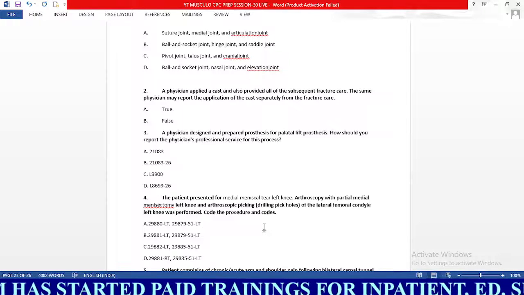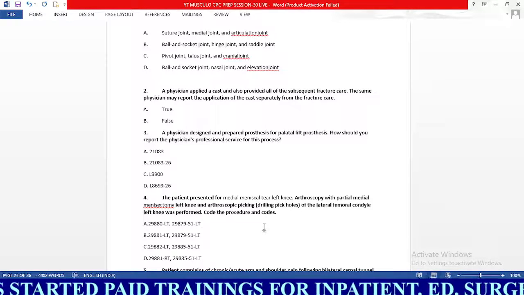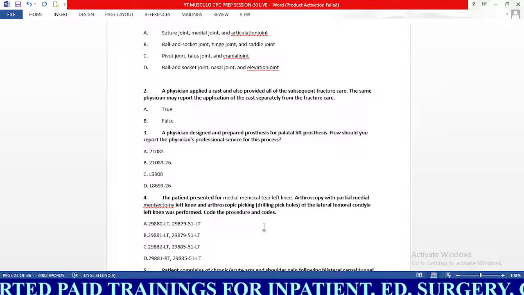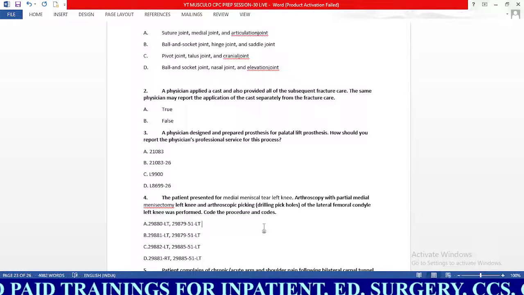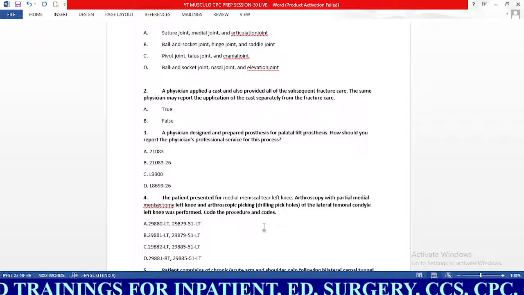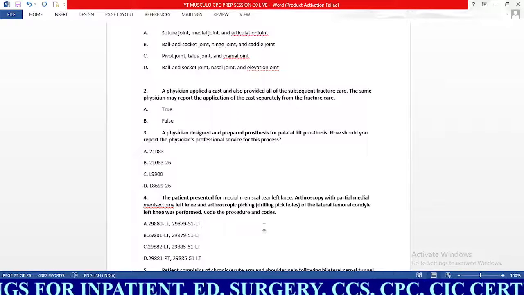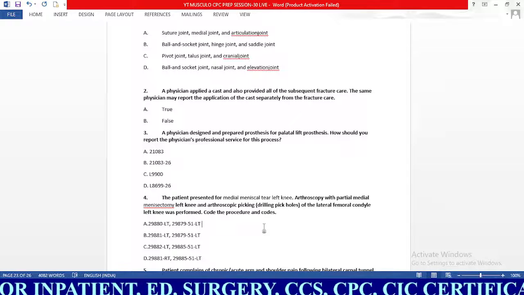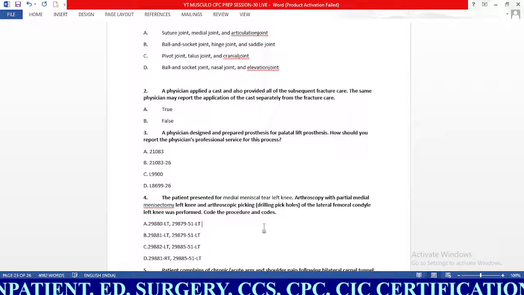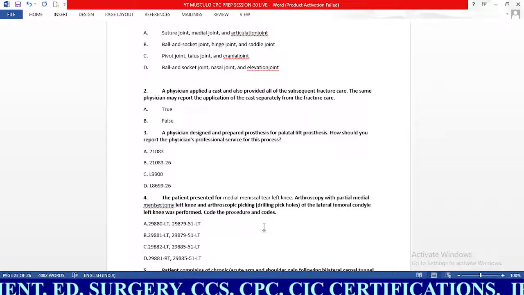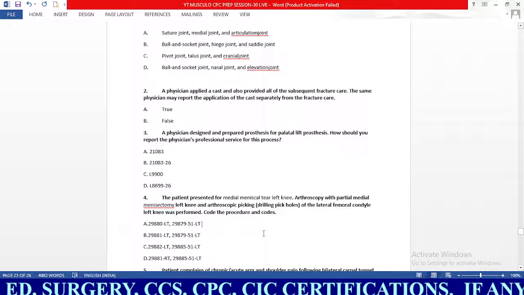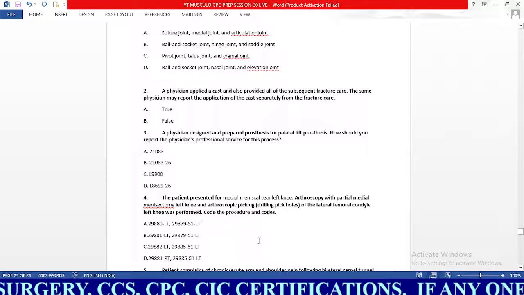So half of the answer is correct here. So we will check 29882. 29882 is meniscal repair. But based on our question, the physician has performed meniscectomy. So here we have only two options, B and D. Among these two we need to select one. So we will check 29885 now.